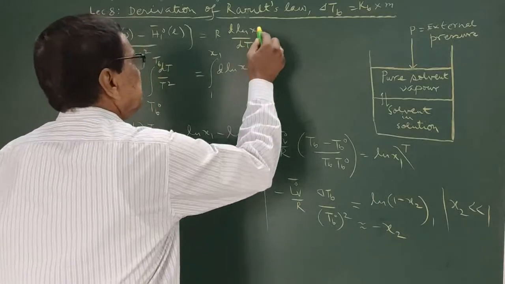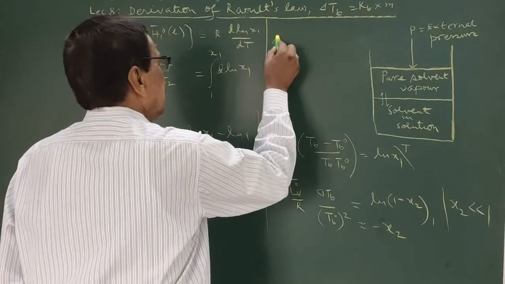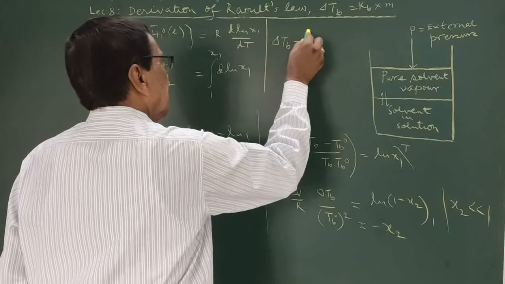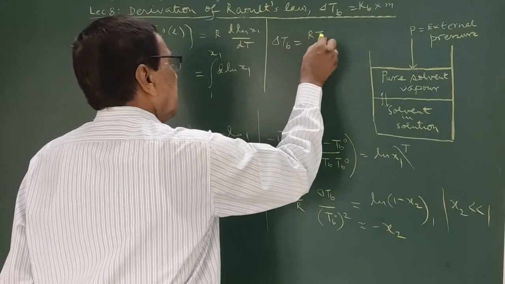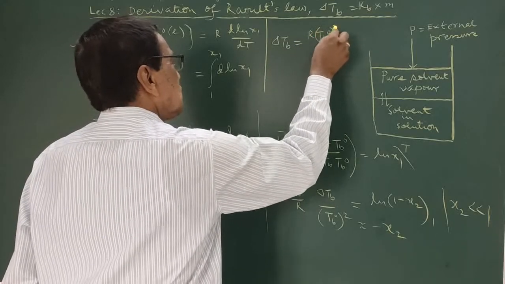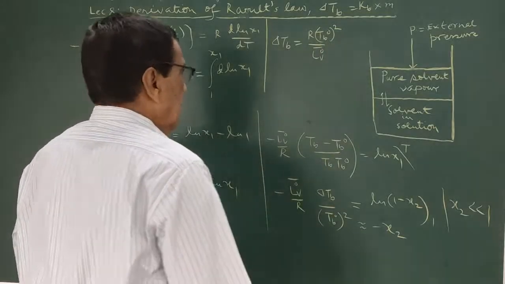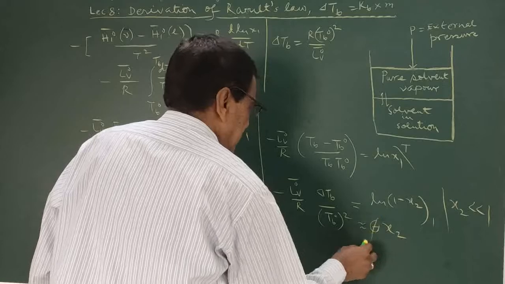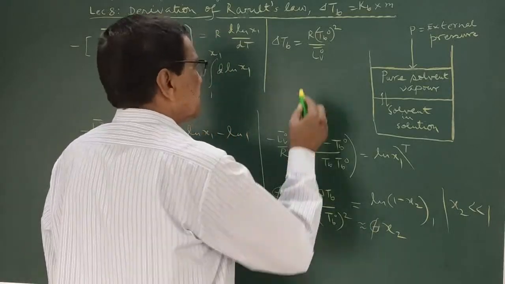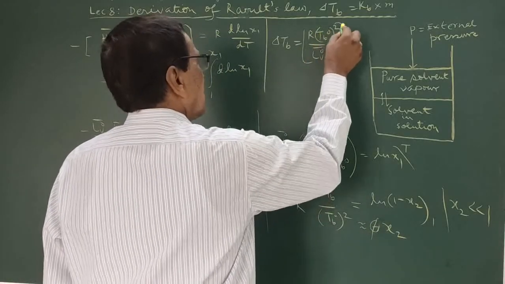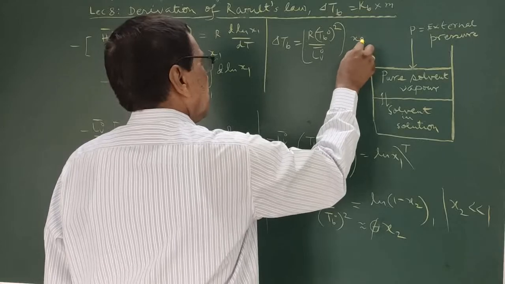The relation: delta TB equals R TB naught squared divided by LV naught bar, and the negative sign cancels from both sides, into x2.